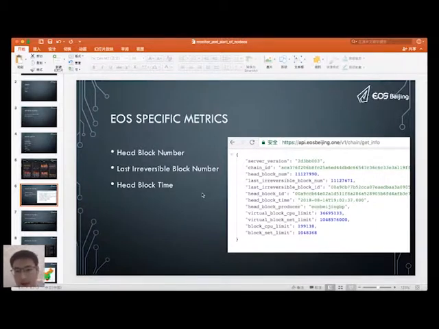You can get these three metrics from the RPC endpoint of your node. This is the API from EOS Beijing, and you will monitor your own endpoint.